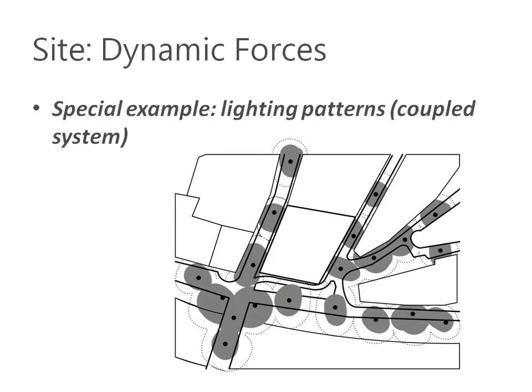We also have interacting systems that are coupled. For example, dynamic forces such as lighting that internally rely on a sensor. Like the street lighting network of Vienna is automated. There you have different situations depending on the time of the day, because those sensors switch the lights on, and in turn this again influences how your site looks.